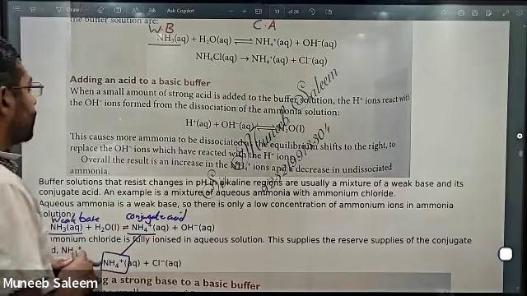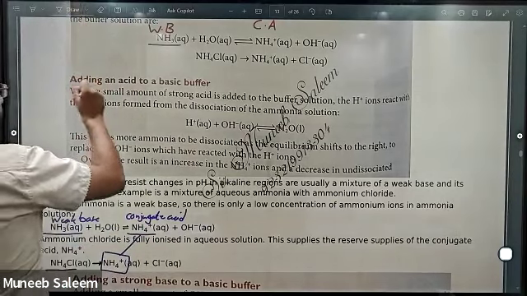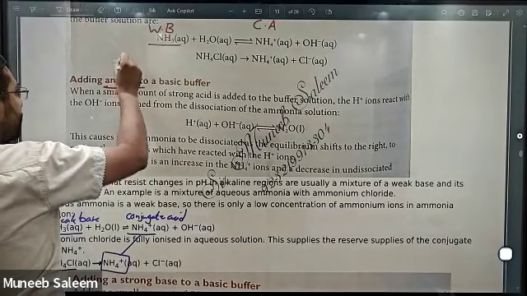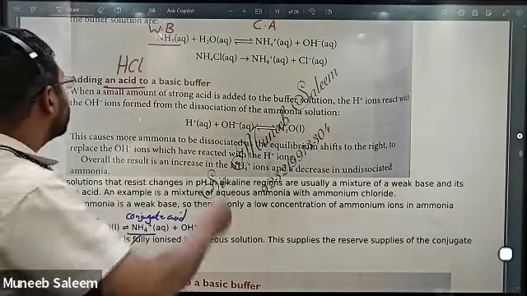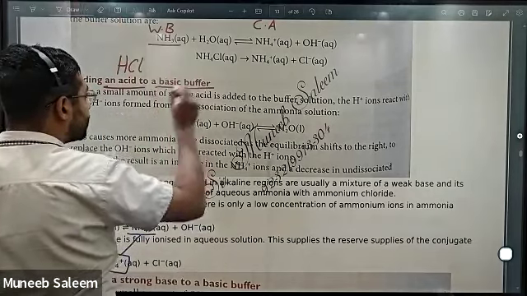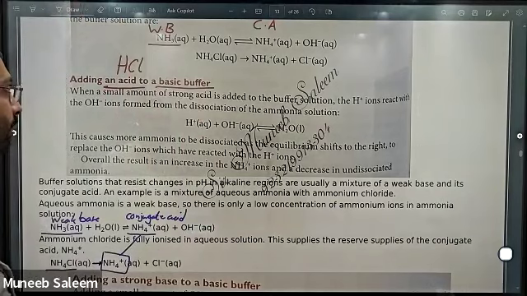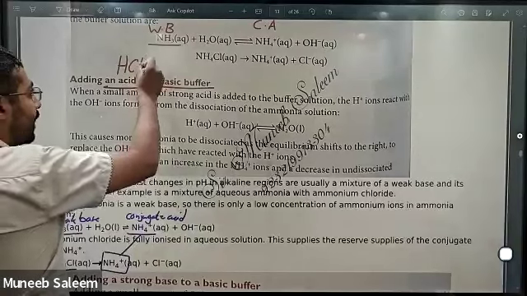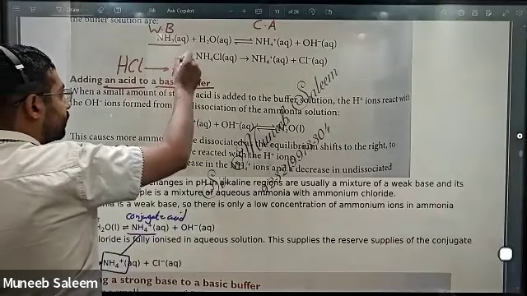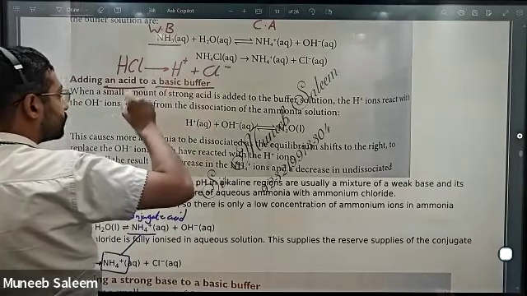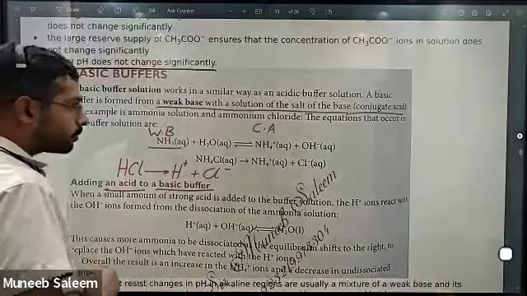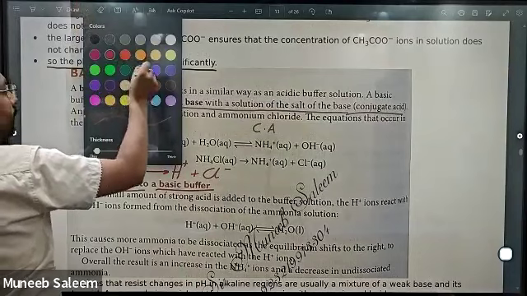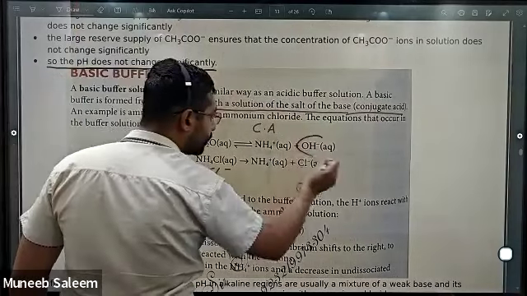So let's suppose you add the acid externally. I will again take the example of HCl. This is a strong acid which you are adding into the buffer solution, but this time the buffer is of the basic type. It's not the acidic. Now, when the buffer is the basic type, then according to the equation, this HCl produces the hydrogen ions and chloride ions, and the basic buffer which we produced here had the hydroxide ions present here.